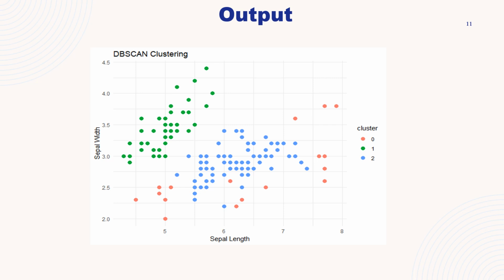So if I were to change my epsilon value and my main points value, I would have a different set of clusters. These clusters could even be reduced to 2. So it's all dependent on what you are doing, the data set you are working with, and how you want to go about getting your number of clusters.